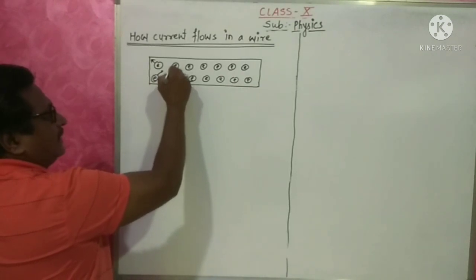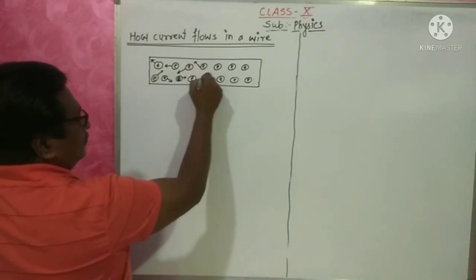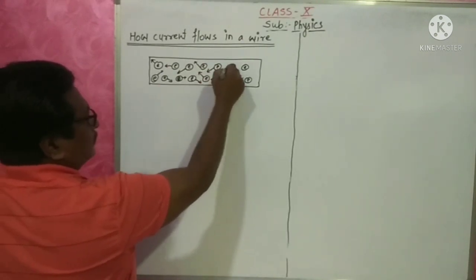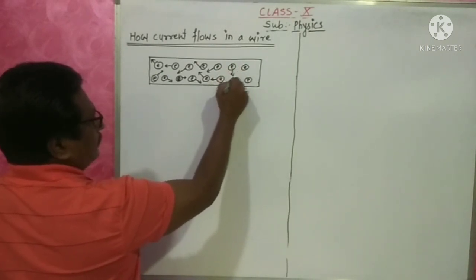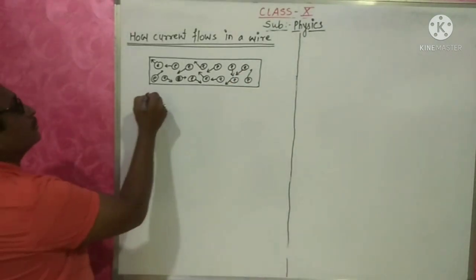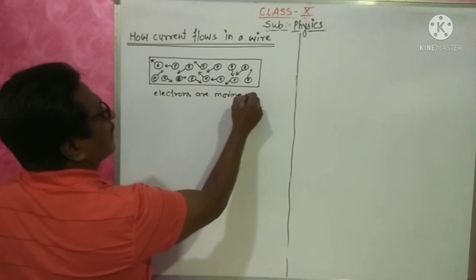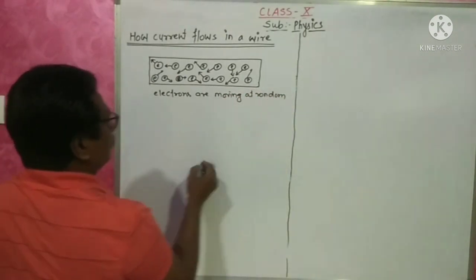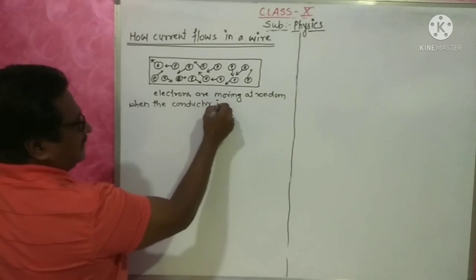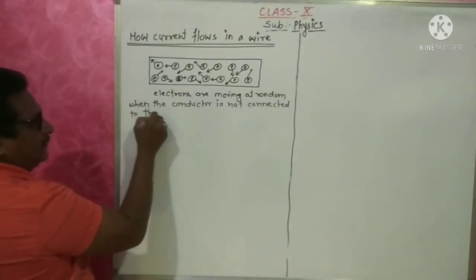What is the meaning of at random? Here and there. So the electrons are moving at random when the conductor is not connected to the battery.